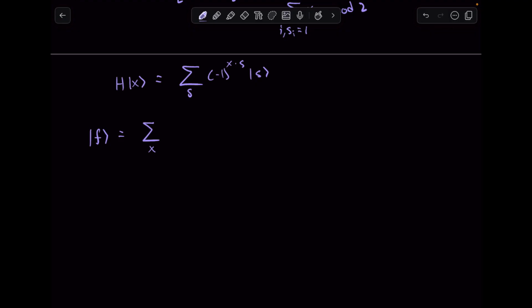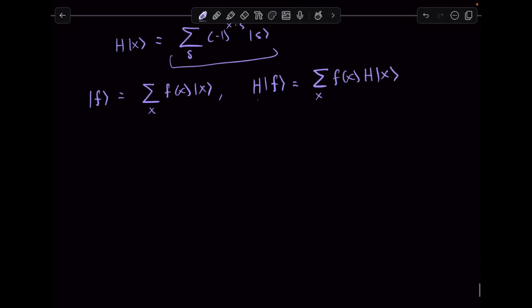So we can say this is f of x on this particular basis state. And now if we apply H onto f, we get this thing. And now we can use our formula here, and we get that the Hadamard transform on f is the following.